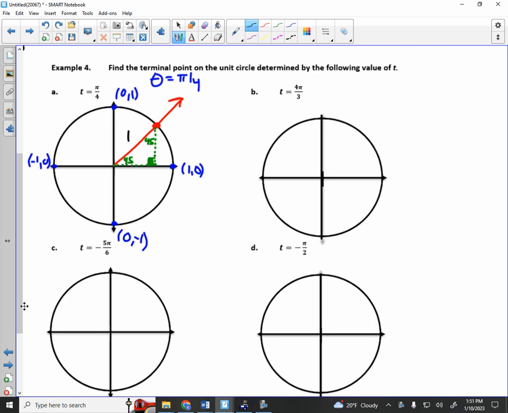When we went from the leg to the hypotenuse, we multiplied by the square root of 2. So if I'm going to go from the hypotenuse to the leg, I should divide by the square root of 2. So 1 over the root of 2. Can I leave the square root of 2 in the denominator? No. So therefore, we have the root of 2 over 2. It is a 45, 45, 90. So therefore, the other side is also the root of 2 over 2.